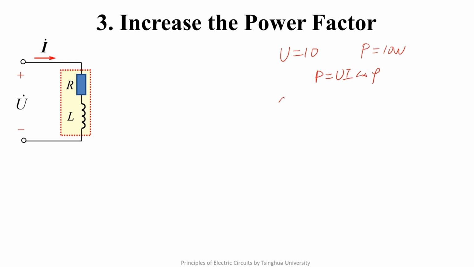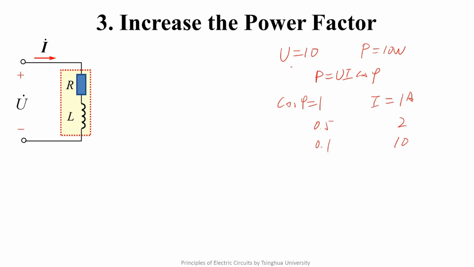For the case that the power factor is equal to 1, it's easy to calculate that the current is 1 ampere. If the power factor is 0.5, then the current must be 2 amperes. If the power factor is 0.1, the current must be 10 amperes. Do you find? The power factor of the load will directly determine the value of the load current delivered by the power supply.